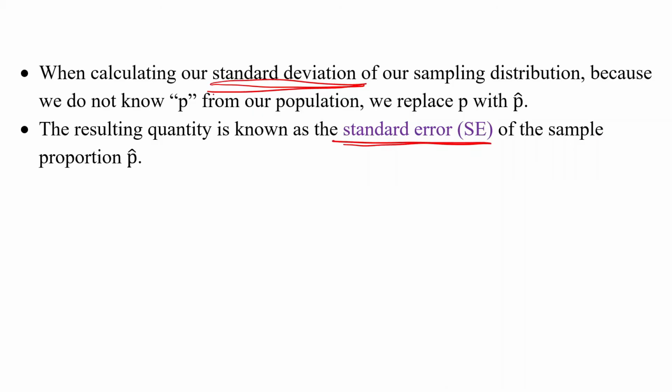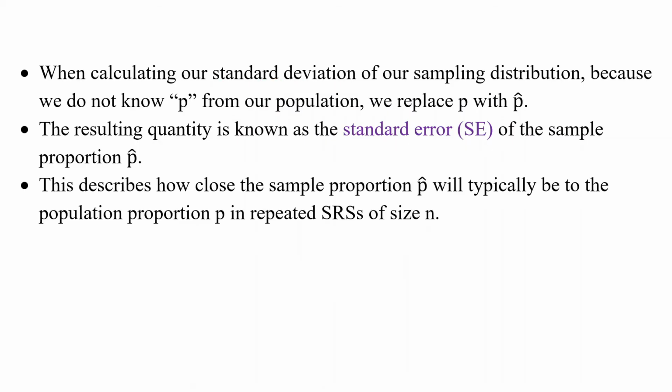So from standard deviation, we're going to talk about the standard error. The standard error describes how close the sample proportion p-hat will be to the population proportion in repeated SRSs of size n, whatever your sample size is. So that's going to be our interpretation of standard error.